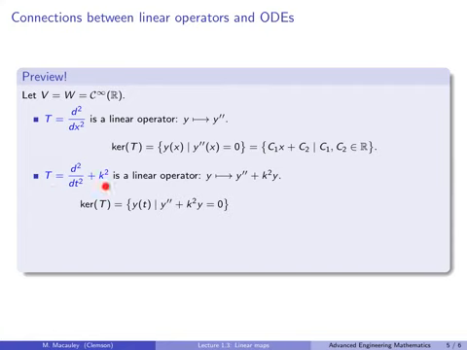Here's another differential operator. So this one, big T, is d squared over dt squared plus k squared. So let me pause a moment. What does it mean when I say this is a differential operator?